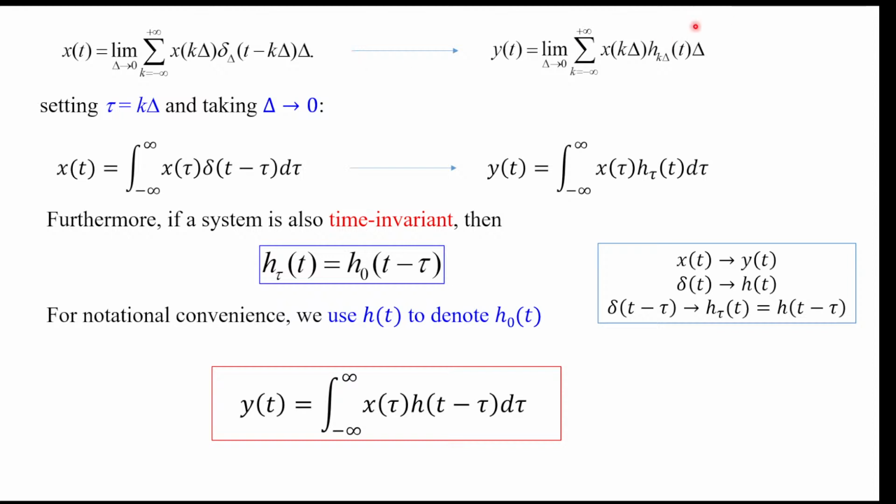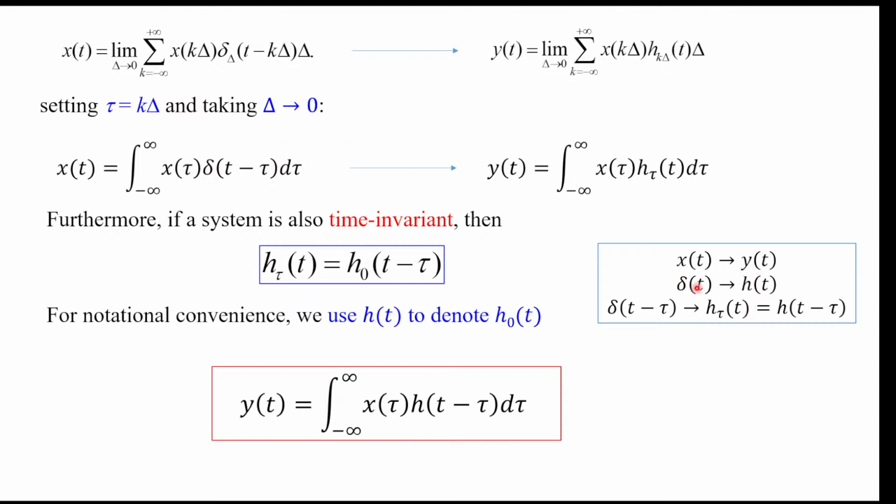If the system is time invariant, then h sub tau of t, the response to delta of t minus tau, should just be a time shift of the response to delta of t.